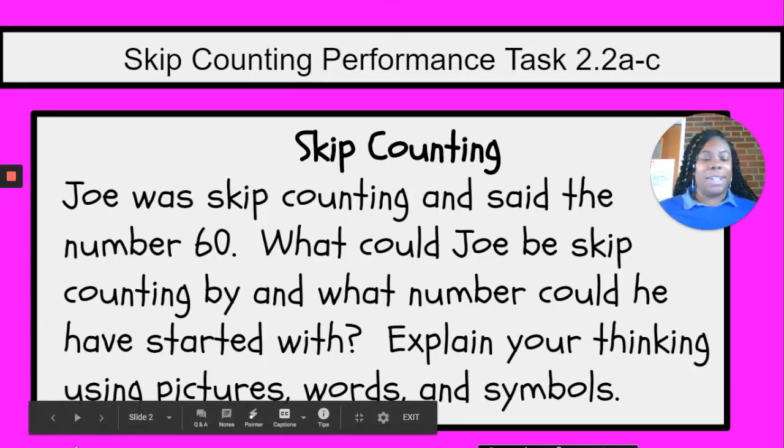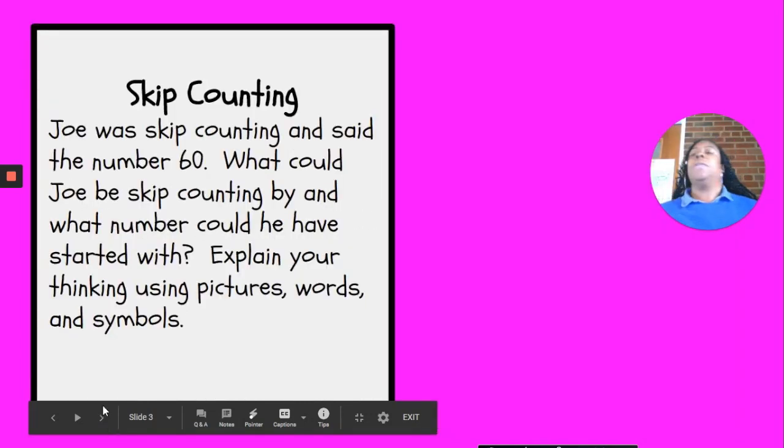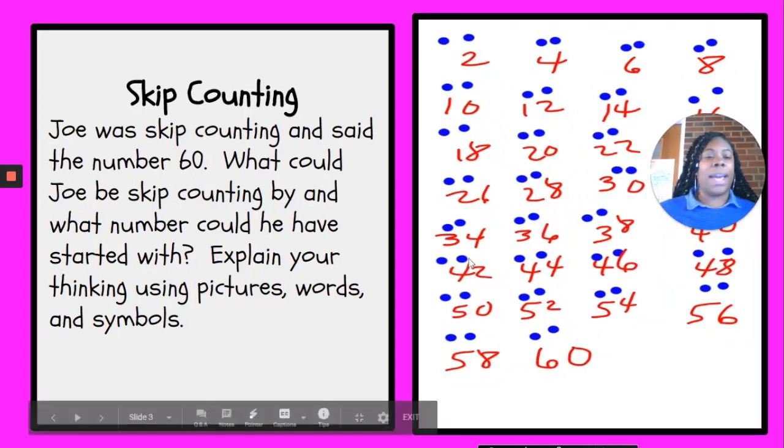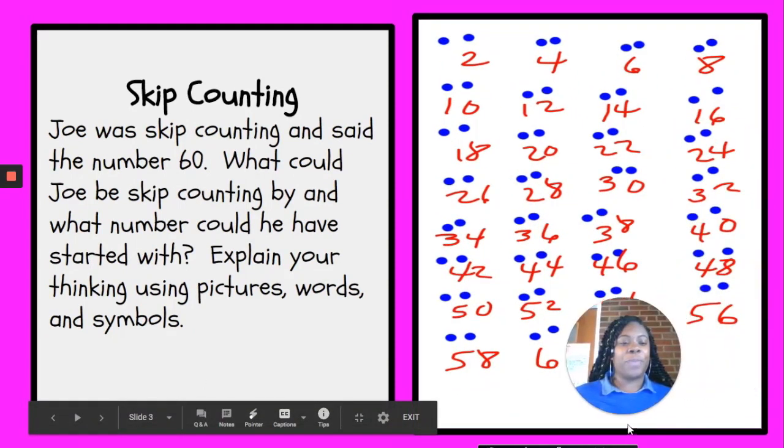All right, now it's time to get started and see what we have here. All right, so I want to show you the first way that I solved the problem. Of course, because we have been working with twos, fives, and tens, I decided to start with twos. So take a look at my visual here.